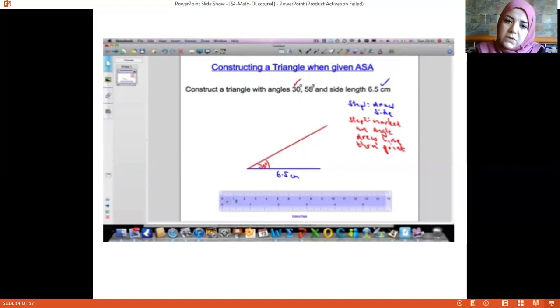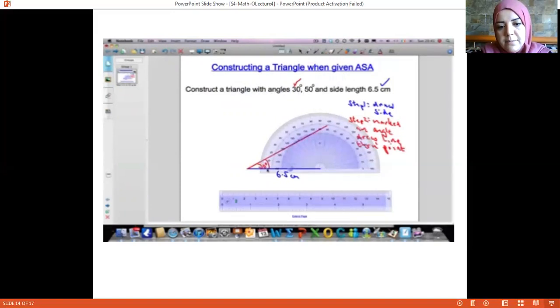Draw the 50 degrees. Also using a protractor, mark an angle of 50.